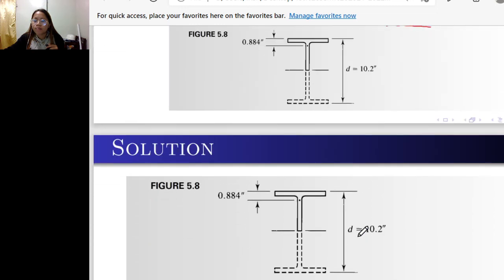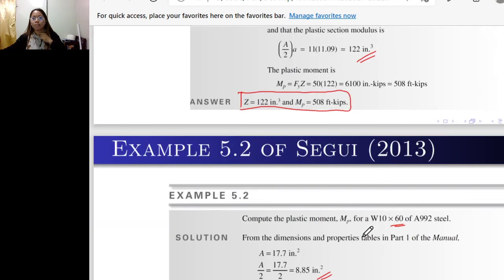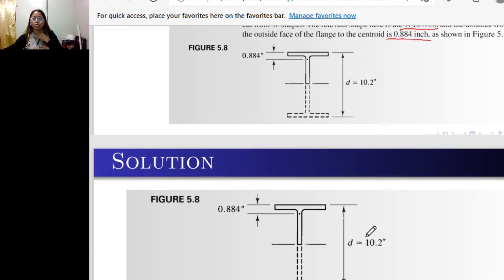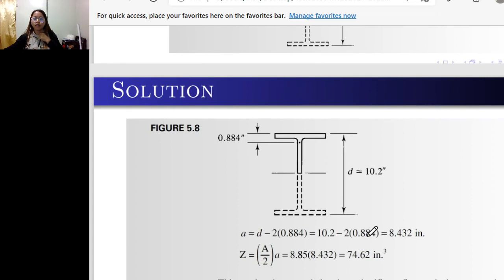And to get the plastic section modulus, or Z, I mean to get the distance, from here to here, A, that is equal to the total depth of the steel minus 2 times the distance from the extreme fiber to the centroid.